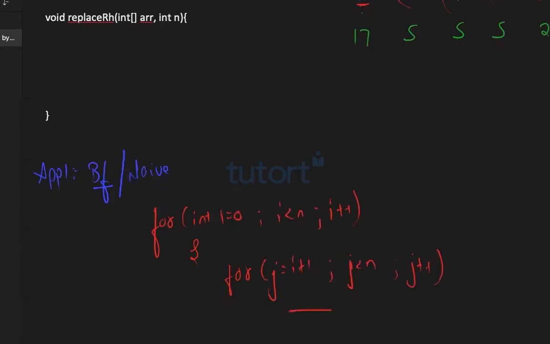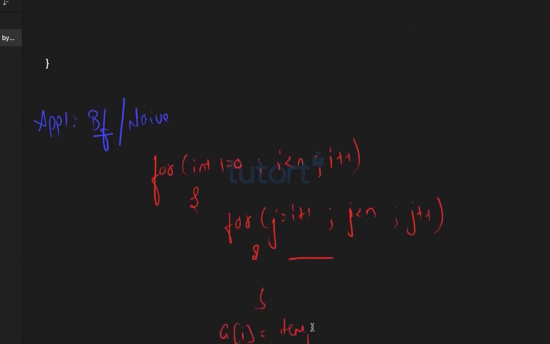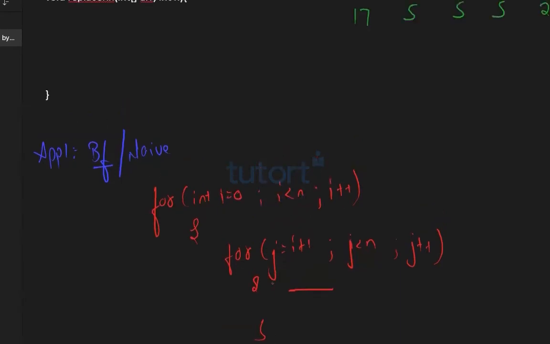Whatever the maximum element you get here, you will replace a of i with that element. Let's say you hold it in a temp, or let's say max, here. That is the brute force approach.